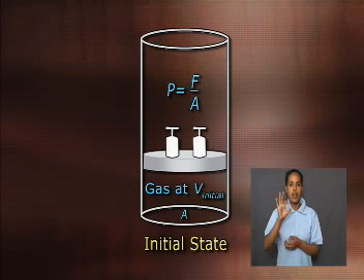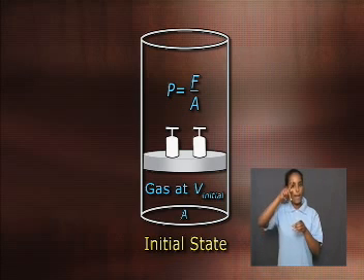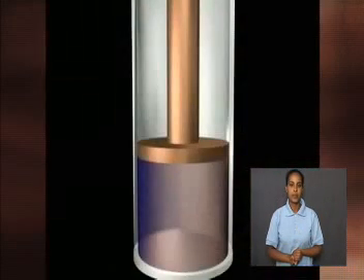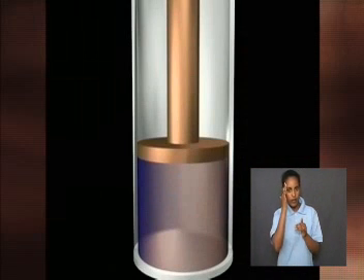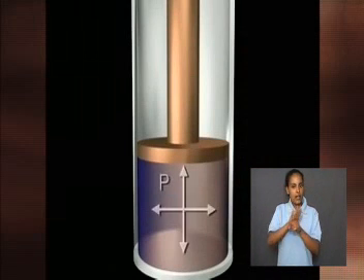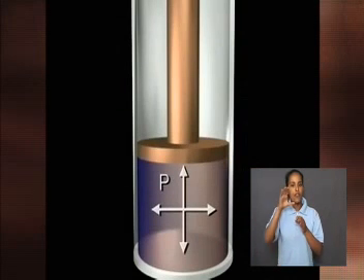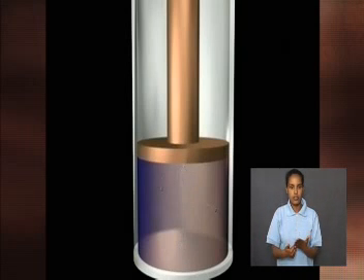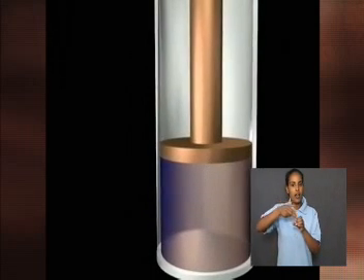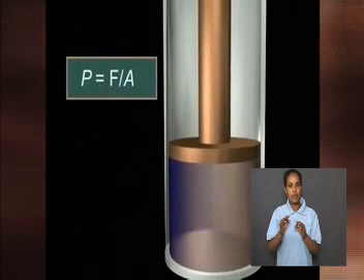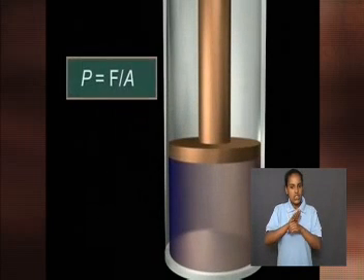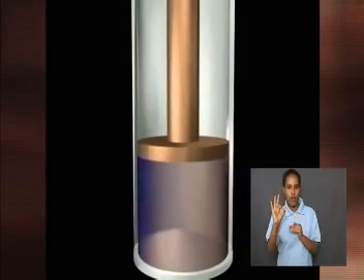F represents the force that is acting upon the piston of area A. We already know that the term pressure is defined as the force that exists per unit area. Therefore, the pressure of the gas can be determined by the formula pressure equals force over area.